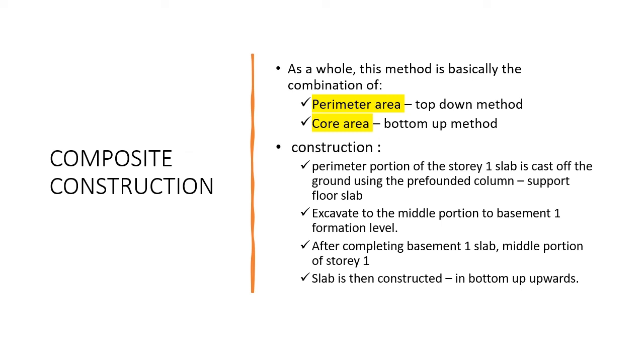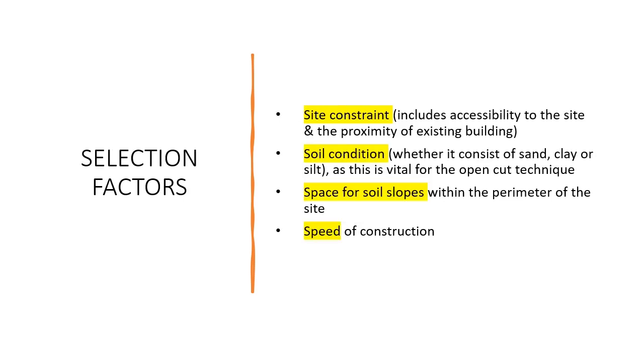After completing basement 1 slab, middle portion of story 1 slab is then constructed in bottom up upwards. The selection factors for type of method untuk construct the basement will be affected by the following.